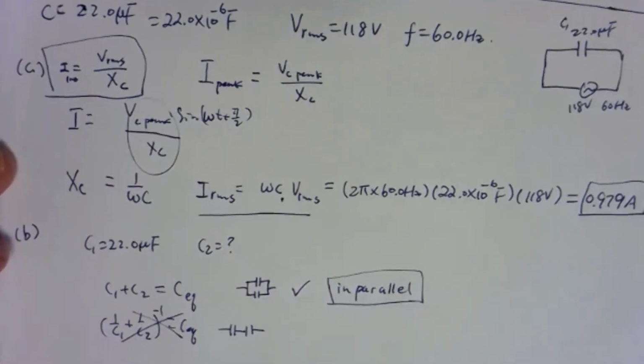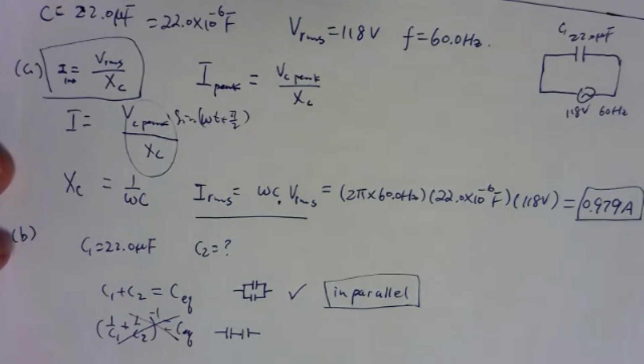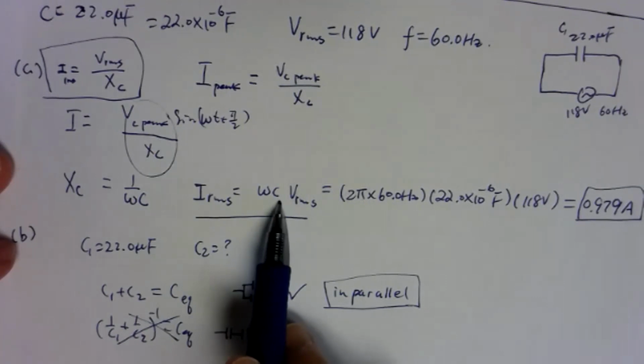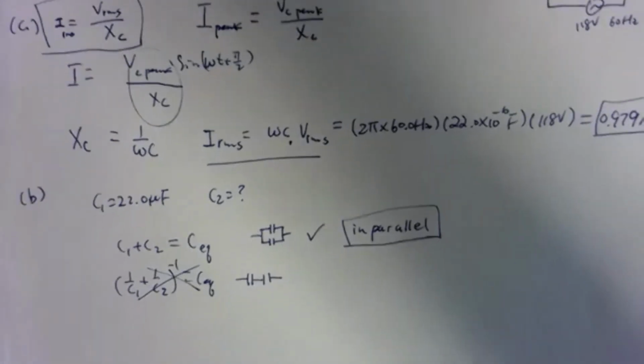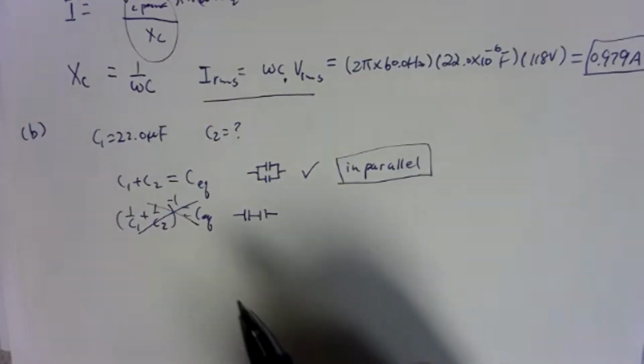So the answer is in parallel for that. And let's see, find the value of that second one. We can find C_EQ first by using the new RMS current, and then just subtract C1 to get C2.